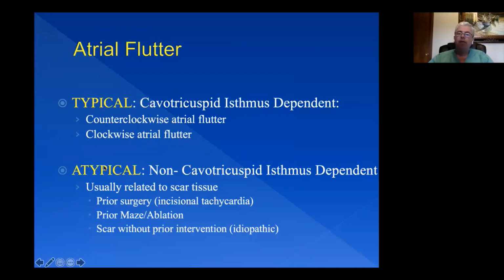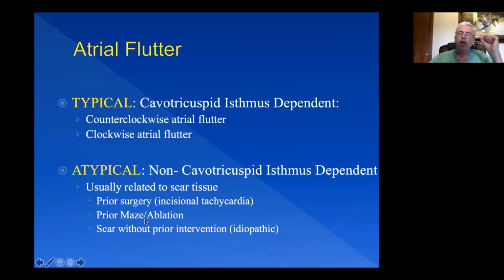Atypical flutter, any circuit, anywhere in the atria that's not using the cavo-tricuspid isthmus. So it could be related to an incision that created a scar that allows the circuit to go around it. Remember, a re-entry circuit would require specific requirements, would require some boundaries, a scar, areas where the electricity cannot go, so it has to turn around that area and cause the re-entry.